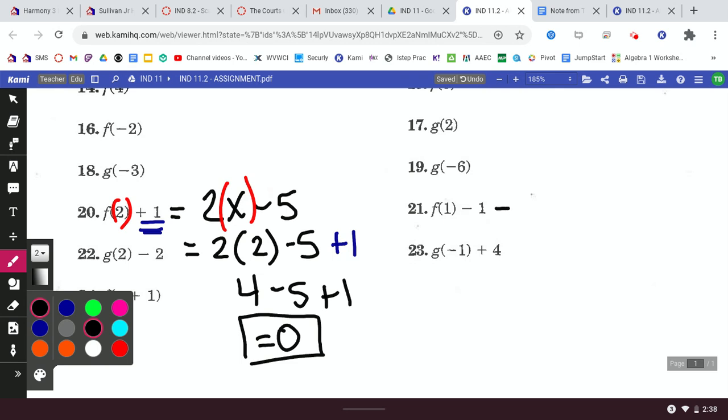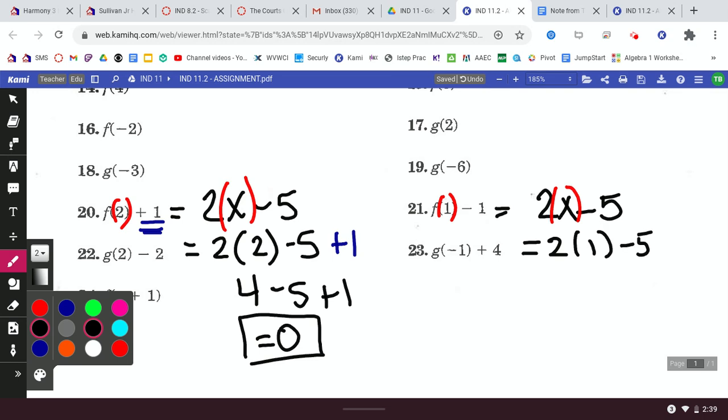Okay, we're using our f function again here. So I'm always going to start out by writing my function, then I'm going to put brackets around my x and brackets around my input. So I have 2. My input is 1 minus 5. That takes care of the function part. Then I have to go back.